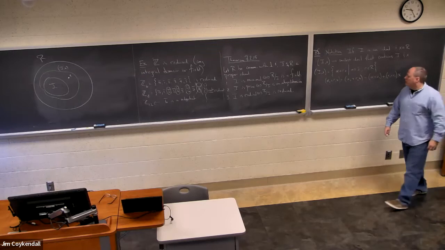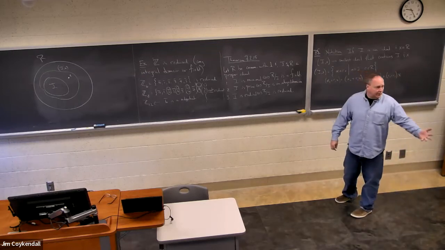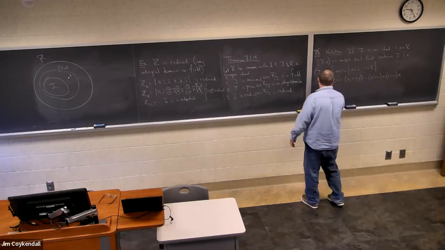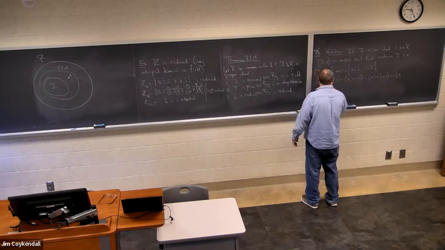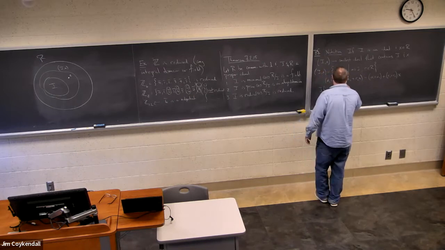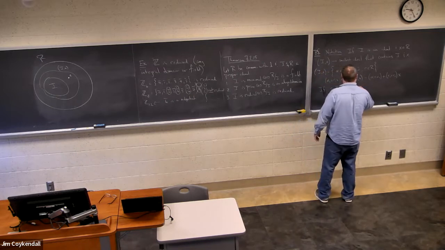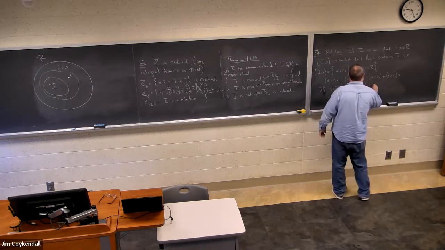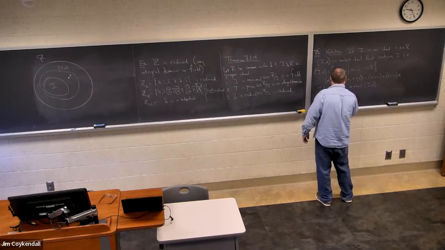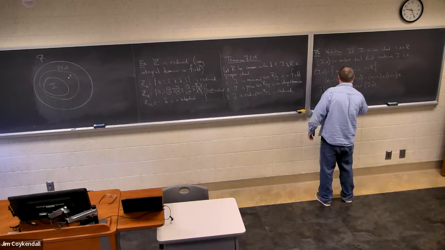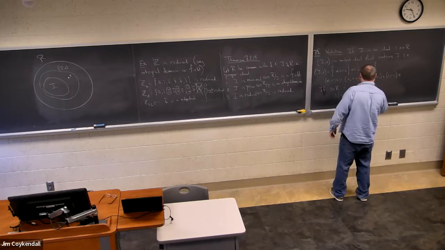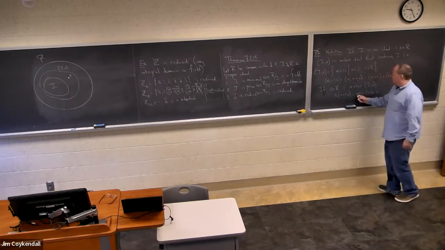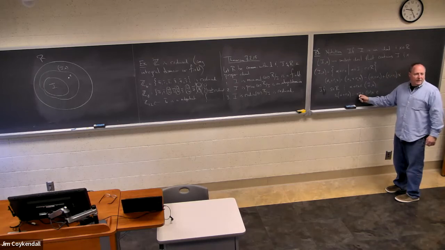And why does it suck? Because that's what you also need for an ideal. It needs to suck everything in. If you look at, let's say, S in R and alpha plus RX in the set, then S times alpha plus RX is alpha S plus SR X. And notice alpha S is still in I because the I sucks it in.